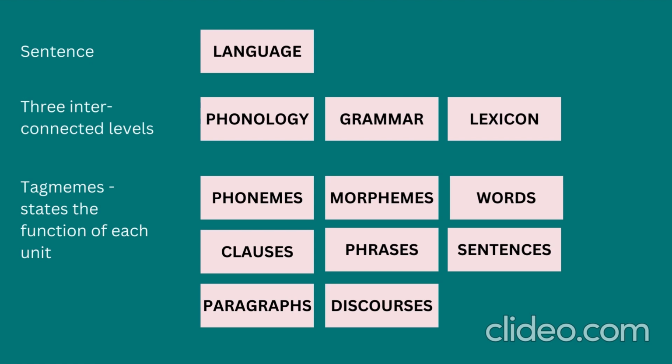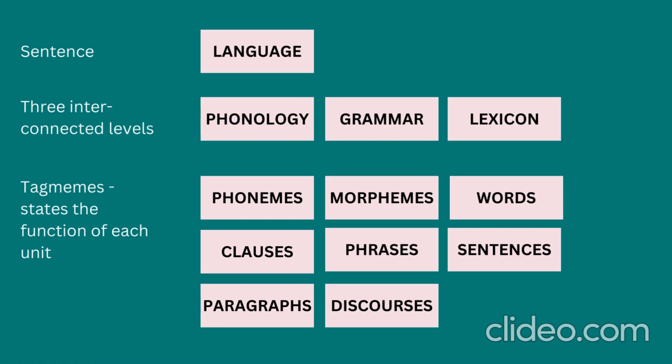These words club together to form phrases and clauses. And then these phrases or clauses give us sentences. And a group of sentences result in paragraphs and higher levels of language like discourses, conversations, etc. Okay, so that is what he says. Language can be understood on the basis of these tagmemes.